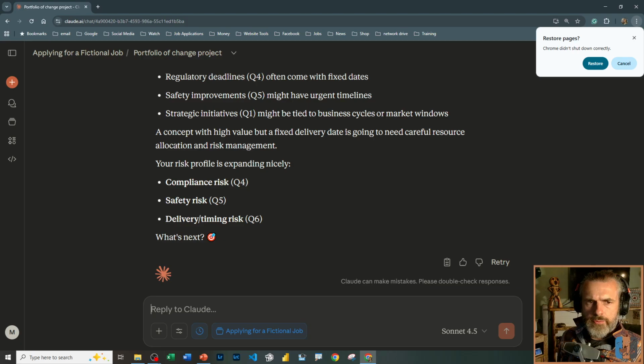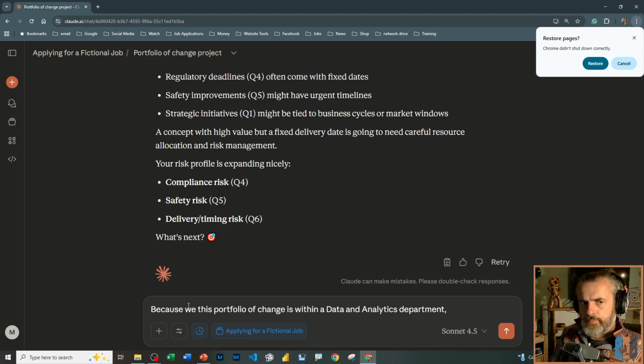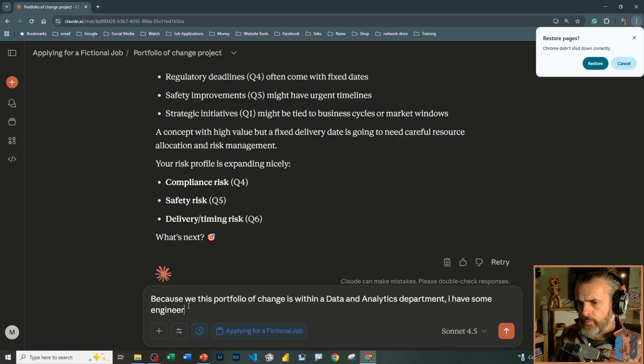Right. Okay then, so the next, 1, 2, 3, 4, 5. Because this portfolio of change is within a data and analytics department, I have some engineering related questions.